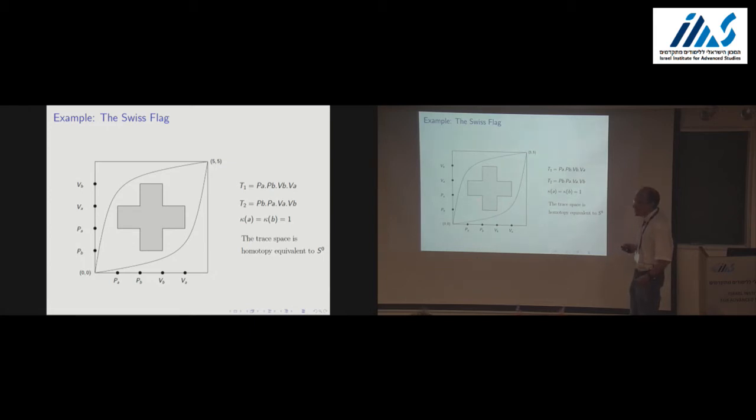You could represent it on a grid rather than on a continuous square. Yeah, that's correct. It's a topological space that can be described discretely.